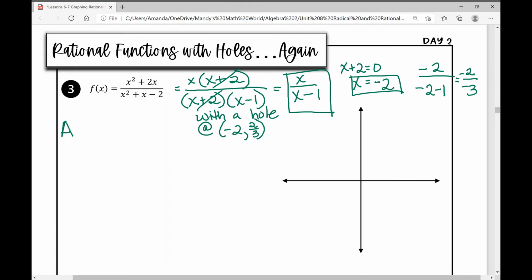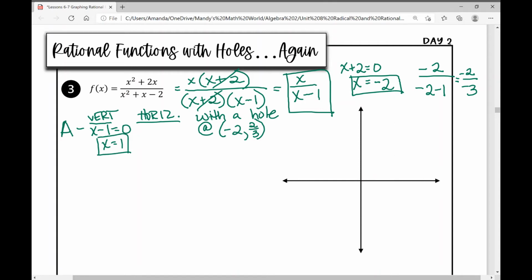And now we're going to use the x over x minus 1 to find the vertical asymptote and the horizontal asymptote. So the vertical asymptote is just the solution to the bottom. So I'm going to set x minus 1 equal to 0, and I solve for that vertical asymptote, which is at x equals 1.